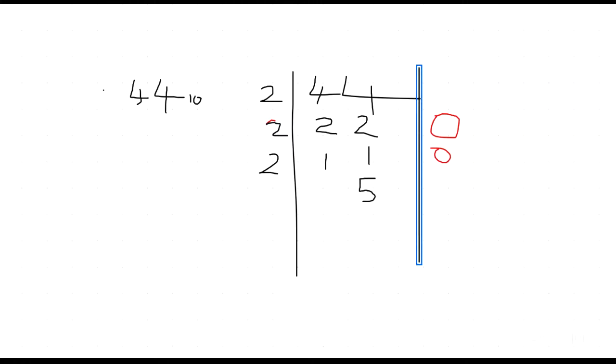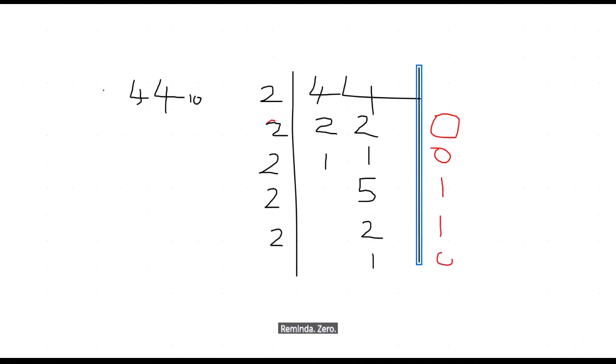Remainder what? 1. 5 divided by 2 will be 2. Remainder 1. 2 divided by 2 will be 1. Remainder 0.